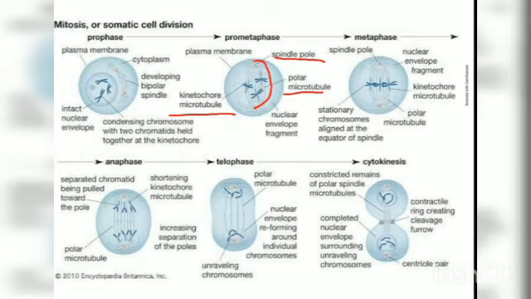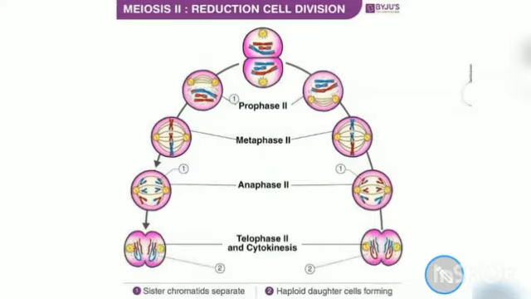Another one is the kinetochore microtubule, that means it connects to the kinetochore present at the two sides. During prophase 2, what happens?